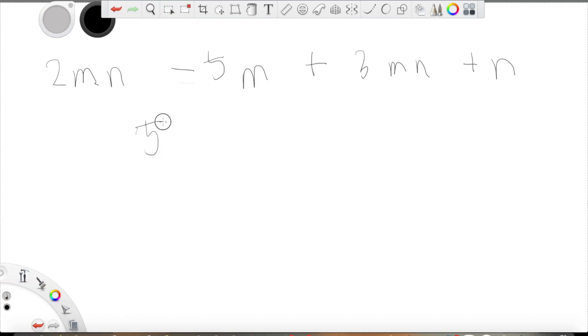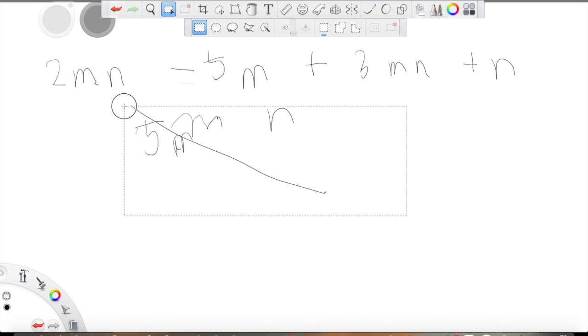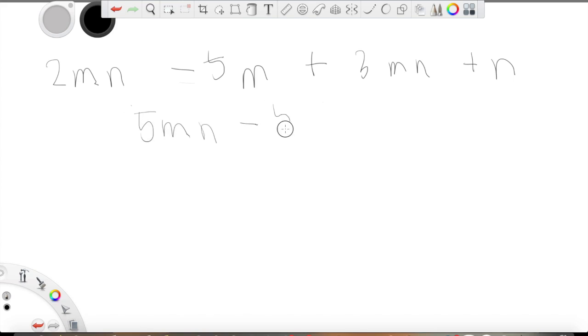So what we do now is combine 2mn and 3mn. My pen is not working, so sorry about that. We get 5mn minus 5m plus n.